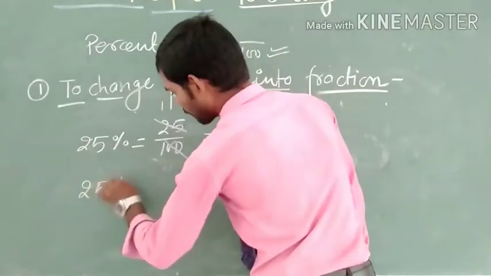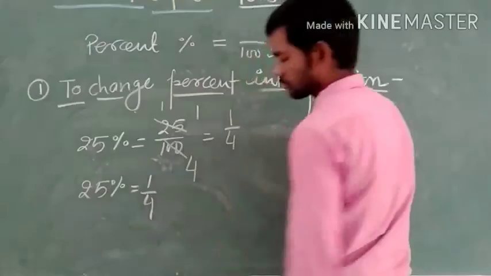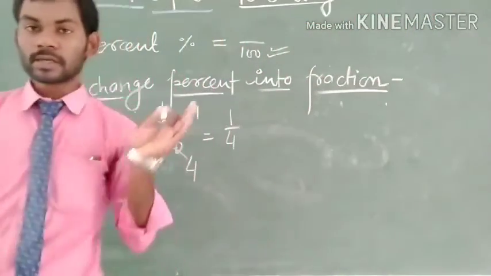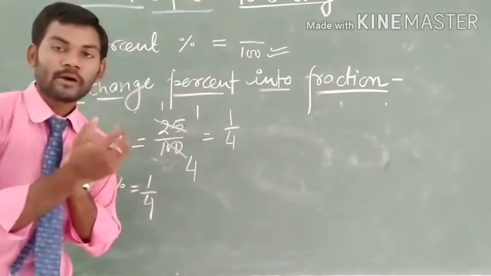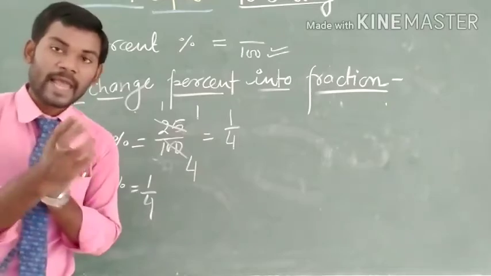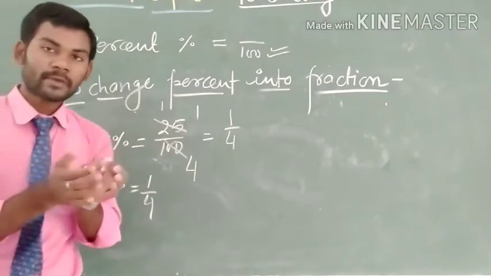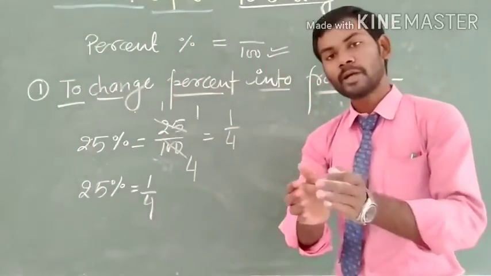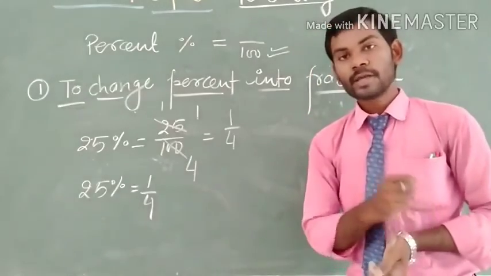Therefore, 25% is equal to 1 upon 4. Please remember these results. We shall directly use the value of the percentage as a fraction in the questions. That is why I suggest all students please remember the values of some given fractions.